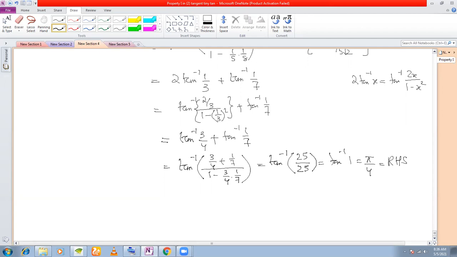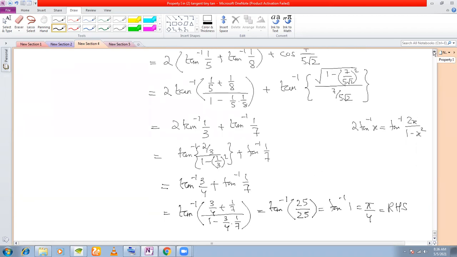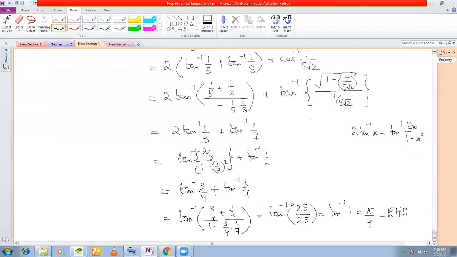That is your answer. Before concluding, if you have any problem with any step, I can explain. Otherwise, if you are not able to get this step, please take note of this. If you want to convert this cos inverse to a tan inverse, you can also do it this way.